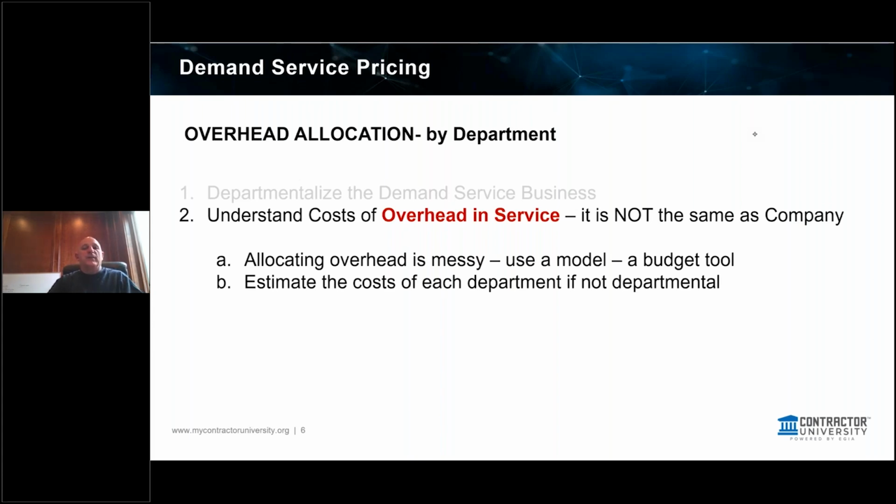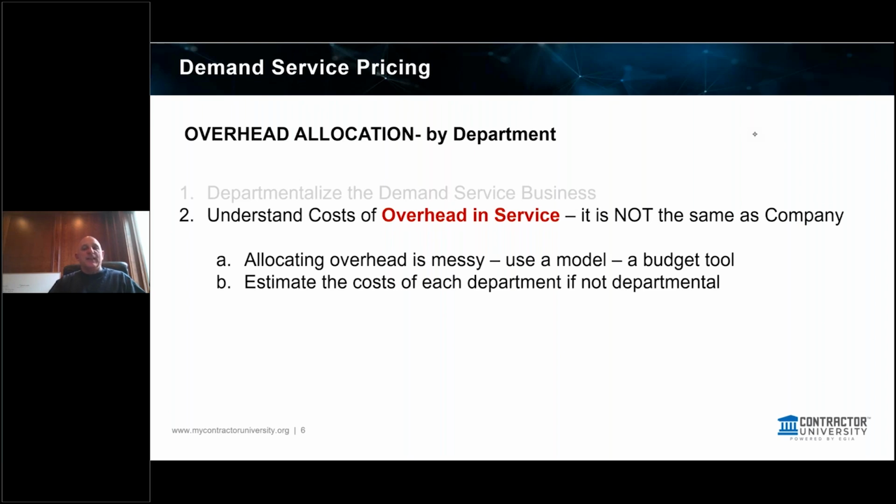I have to figure that as part of that. So I would just say that, bullet point A there, allocating overhead is messy. I like to be in the room when we're doing the physical boot camp classes and we're training the financial discussions, to create the opportunity to answer questions about how to put this number in. But I can assure you that the overhead in service is going to be higher than the overhead in almost any department that you have.